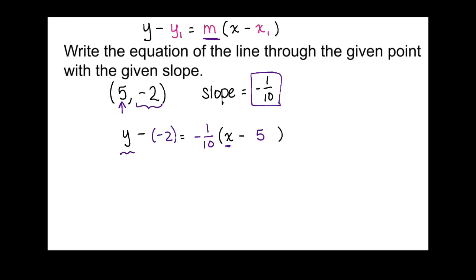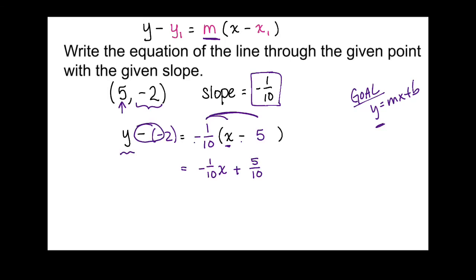Now again, your goal is y equals mx plus b. So in other words, your goal is to get y alone. I don't have any parentheses in that, so you can tell that your first step would be distribute. So -1/10 x, and then plus, because a negative times a negative gets me plus 5/10, which is really 1/2. But I also know that I have minus a negative, that's going to turn into positive.